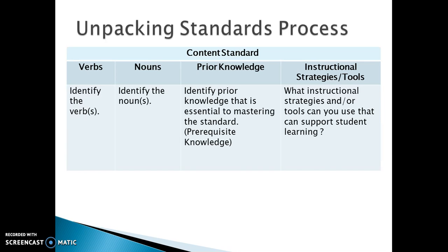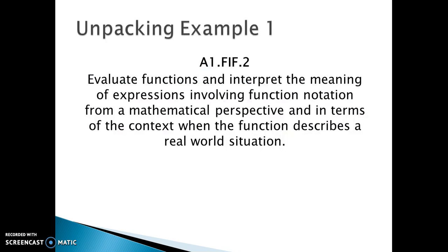We're also going to itemize and list the prior knowledge and prerequisite skills that are needed to master the standards, and different instructional strategies and or tools that can be used to support student learning. So those 4 main components are essential to the unpacking process: finding the verbs, the nouns, prior knowledge, and instructional strategies and tools.